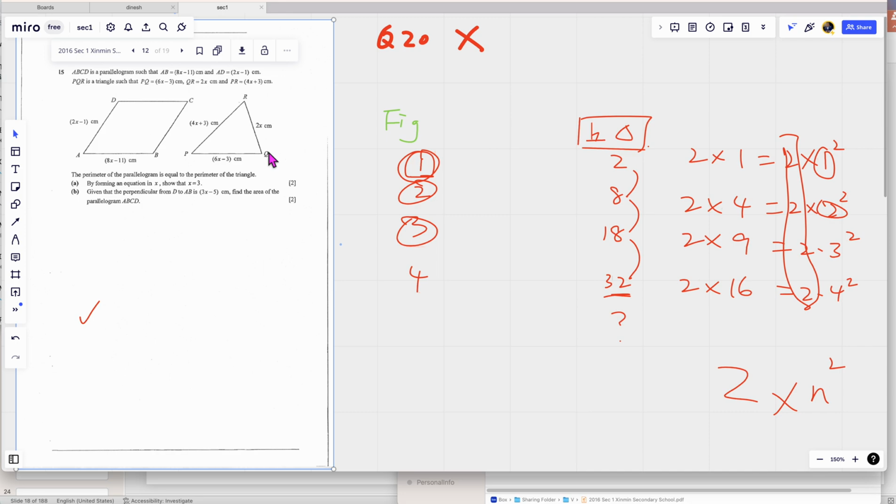Standard means triangle, square, rectangle. The rest is non-standard. So when it comes to non-standard, split into 2 triangles or other shapes and then figure it out. Okay, good. Alright, then we can take a break, then we'll continue.